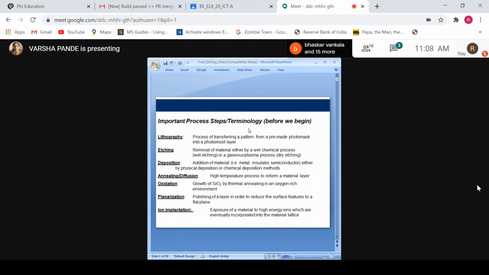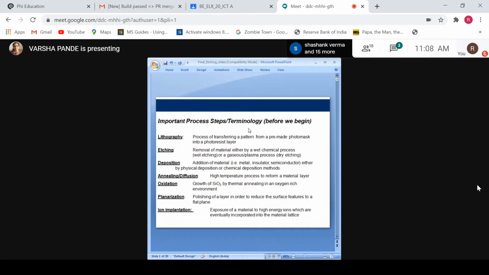So today we are going to see etching. Before going to the etching process, again let us just see the different processes. Lithography, which we saw in the previous lecture, is the process of transferring a pattern from a pre-made photo mask into a photoresist layer. Means from the photo mask, that pattern is transferred to the photoresist layer.